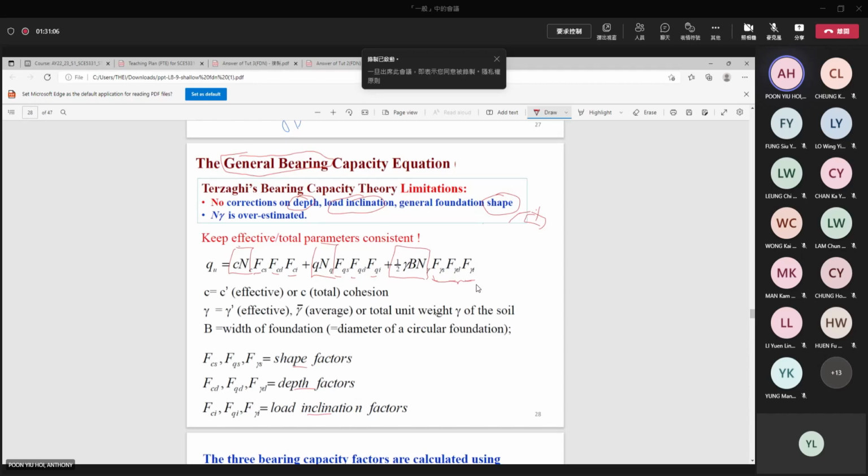But actually, in the actual case, there are more factors to it. The equation is actually very long, but we just look at 3 factors. There are usually 2 more factors, but those are easier to understand: one is when the base is tilted, and one is when the foundation is on a slope. They are used in the same way. These factors are just substituting different formulas. You actually need to substitute different formulas for this.